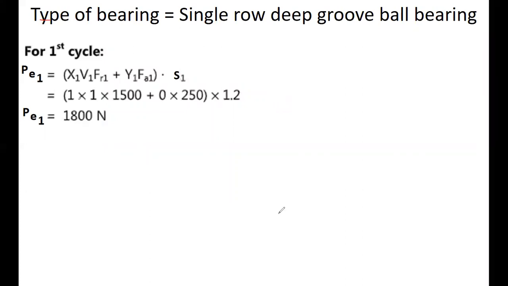For the first cycle, the equivalent dynamic load equation will be X1 V1 FR1 plus Y1 FA1, into S1, where this is the radial load factor, race rotation factor, radial load, axial load factor, axial load, and service factor or load application factor K or S, whatever you say, that is given.